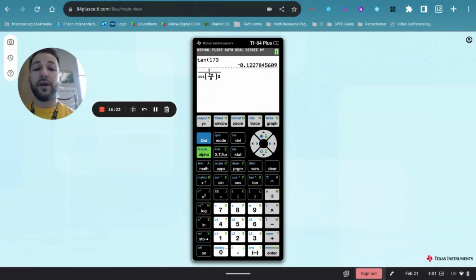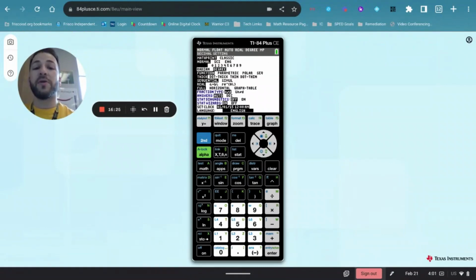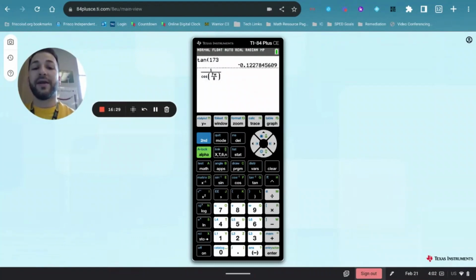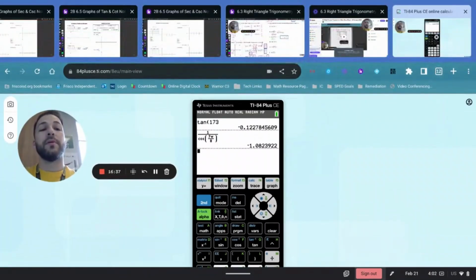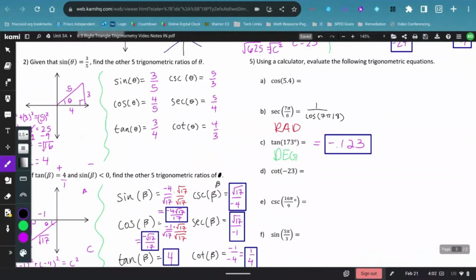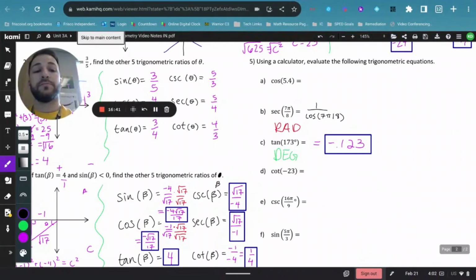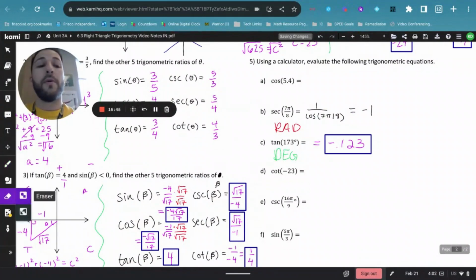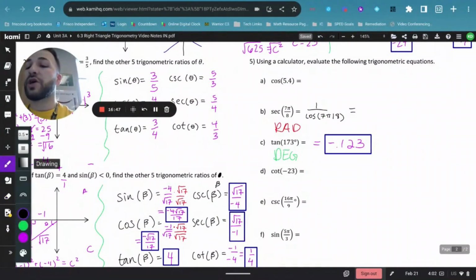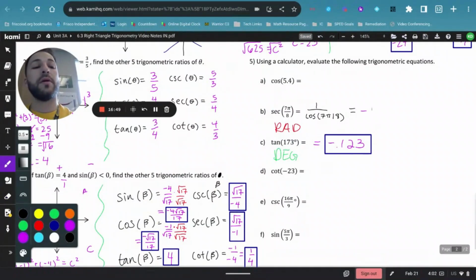And before I hit enter, I'm in degree mode, so I need to go to my mode, go down to radians, second quit, hit enter, and then I should get my correct answer of negative 1.082. So big thing you need to make sure you're in the correct mode.